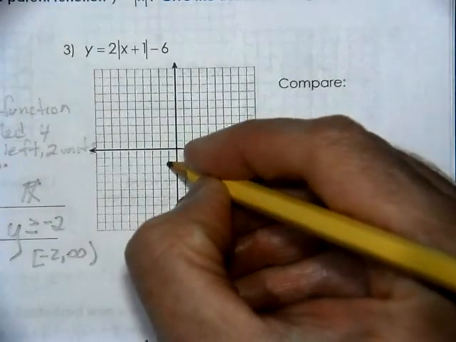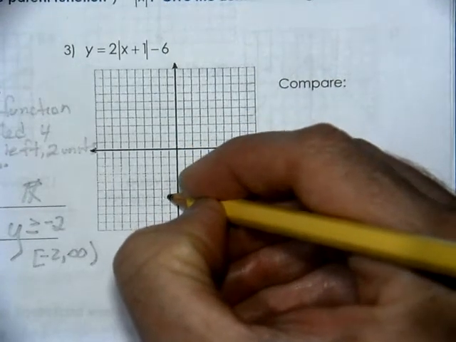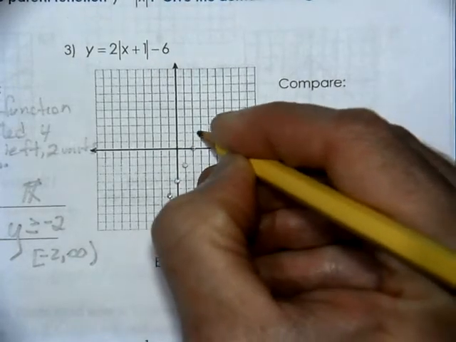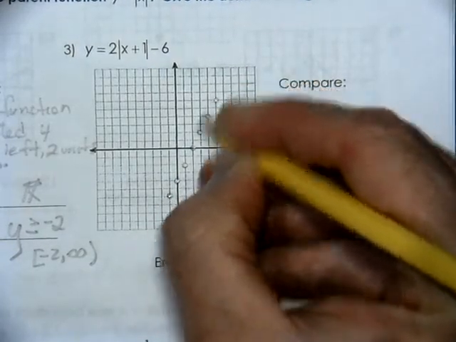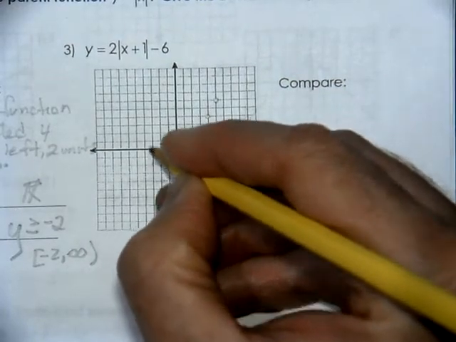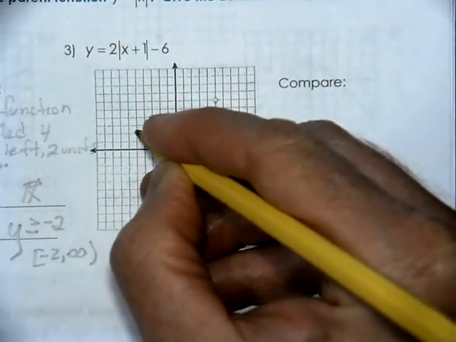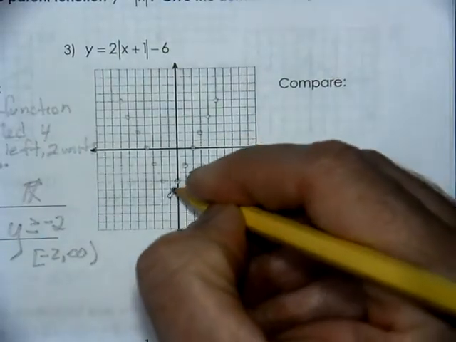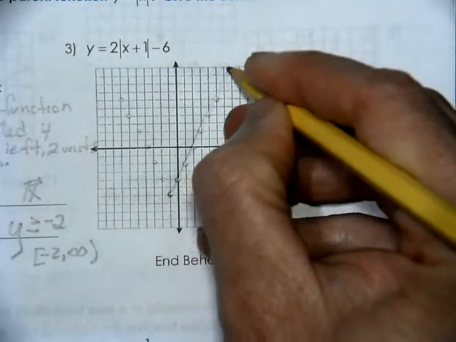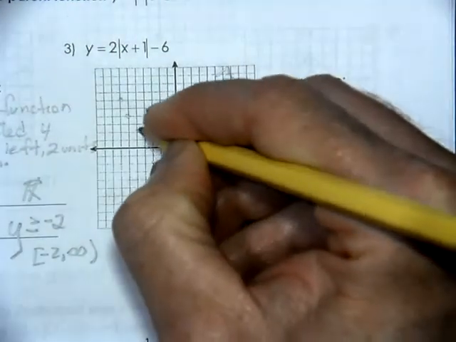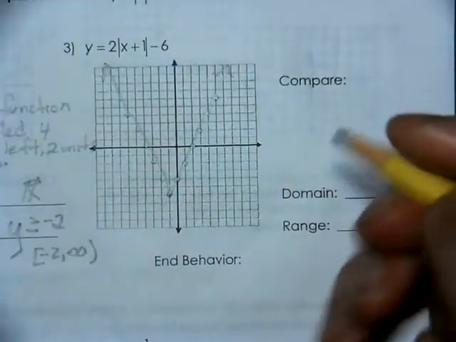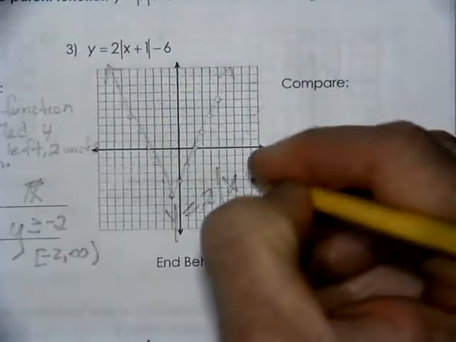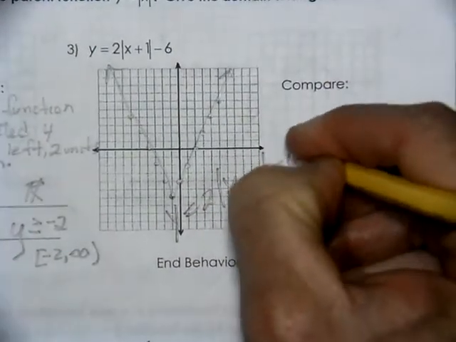Here we go, -1, -6, with a slope of 2, and we have y equals 2 absolute value of x plus 1 minus 6.